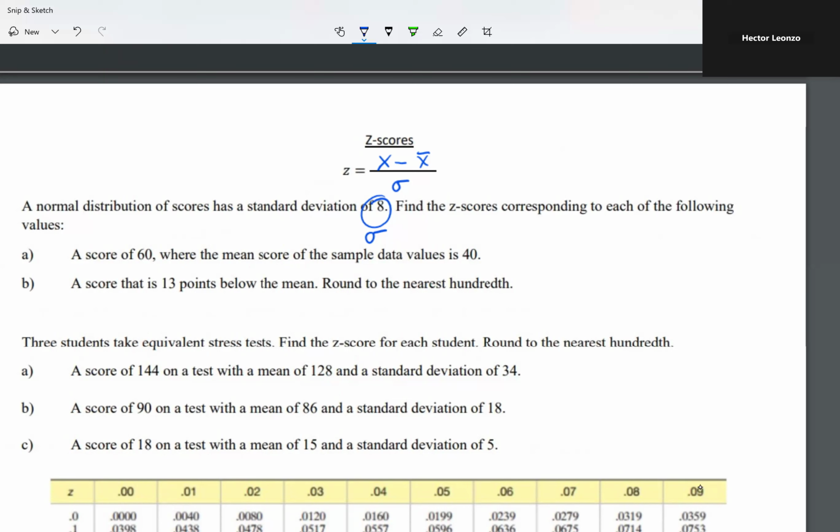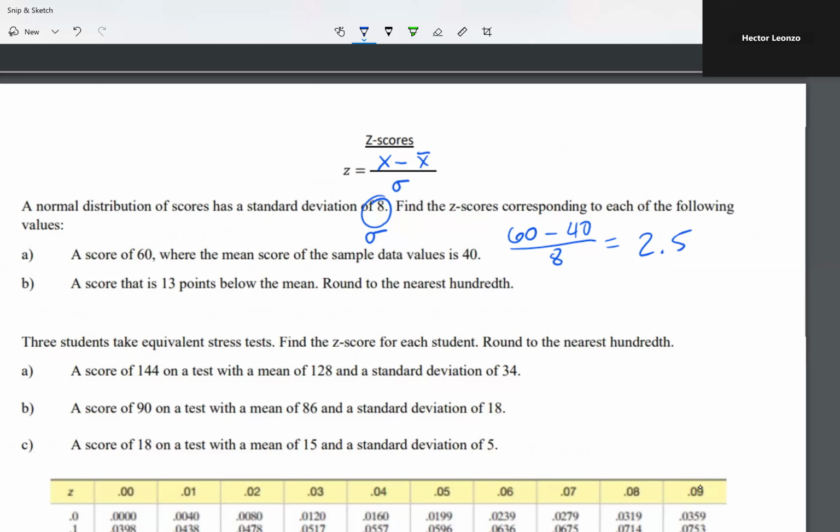So I'm just going to go 60, because I'm testing 60, minus 40, because the average was 40. I'm going to divide this by 8, which is the standard deviation. Now 60 minus 40 divided by 8 gives me 2.5. Okay, not bad. Was pretty simple.